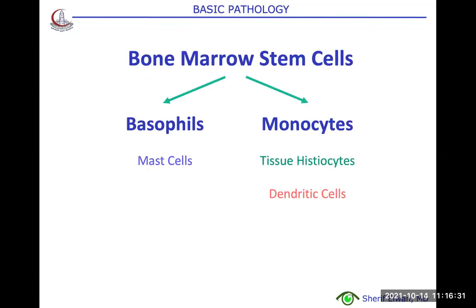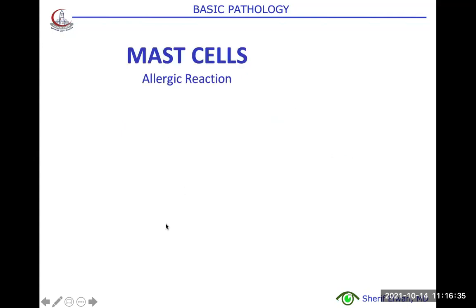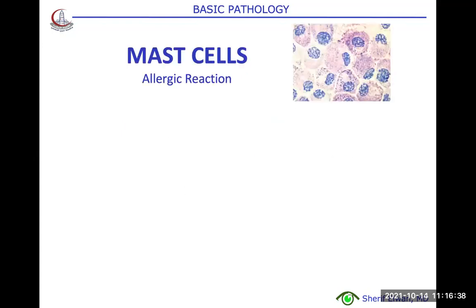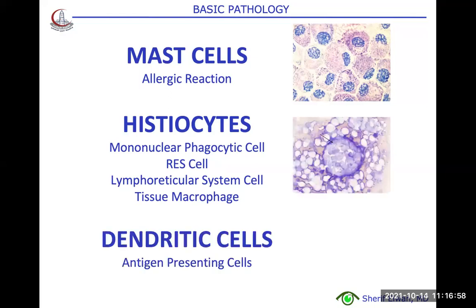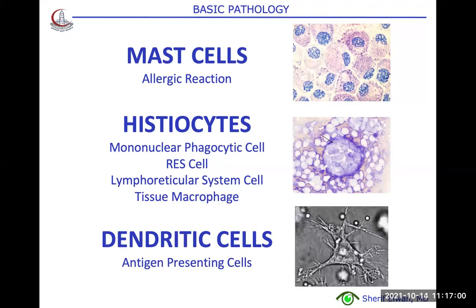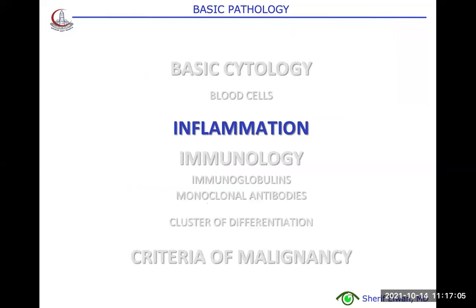Once more, the mast cells, which are the basophils in the peripheral blood, are responsible for allergic reactions, while histiocytes, which are coming from the blood monocytes, have the function of phagocytosis and form the lymphoreticular system and tissue macrophages responsible for a big part of the cellular immunity, while the dendritic cells that are stained by the silver stain are the antigen presenting cells.